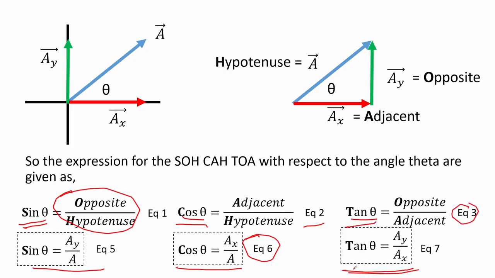It shows that the tangent of theta is the ratio of the components of A, which is A of y over A of x. Note that we use the scalar values or magnitudes only for the vector A and its components, since we are currently interested in how the trigonometric functions should be utilized depending on the angle of interest.